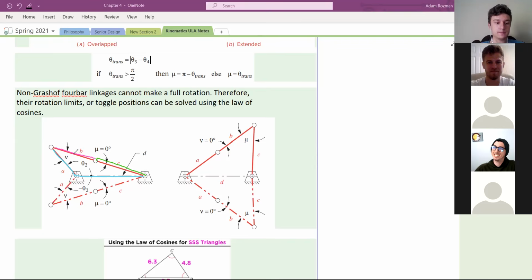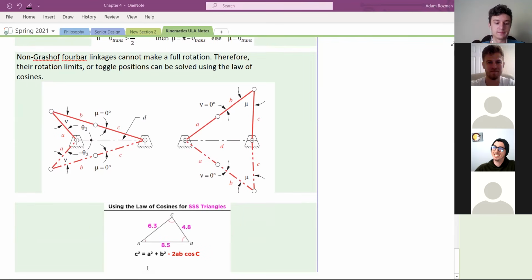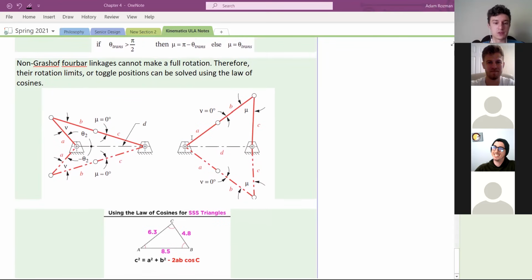So you can just add up the lengths of those links and solve it just with the cosine law. There are some equations in the textbook that are basically just like a modified cosine law, but at the most basic level, just use law of cosines.